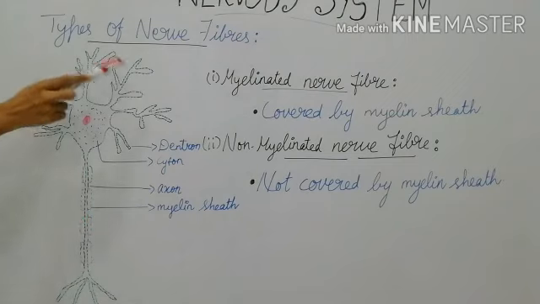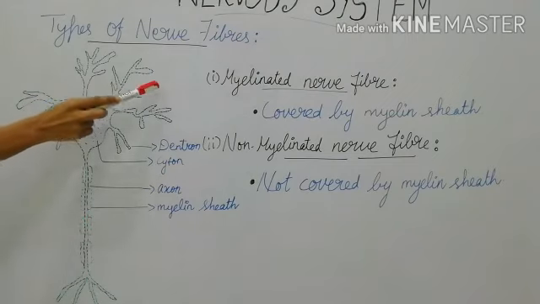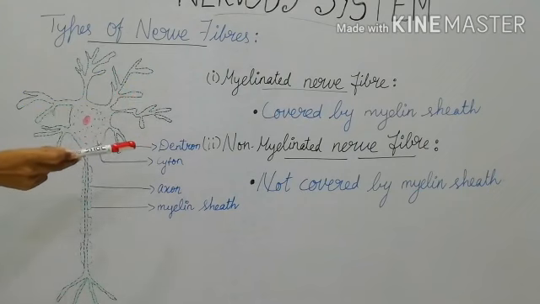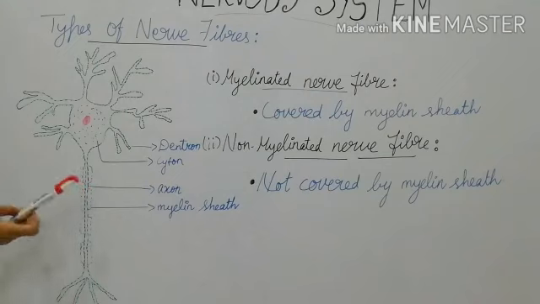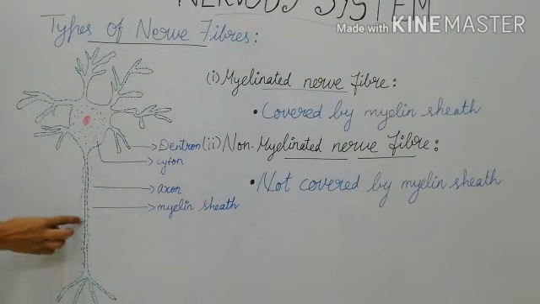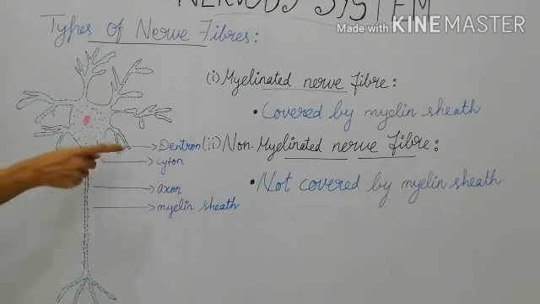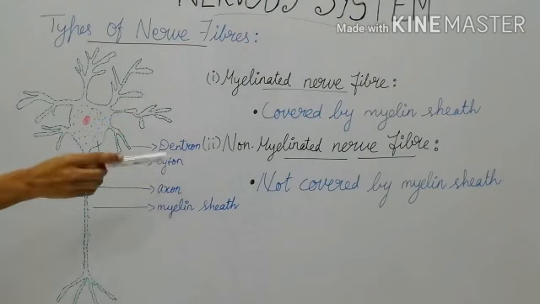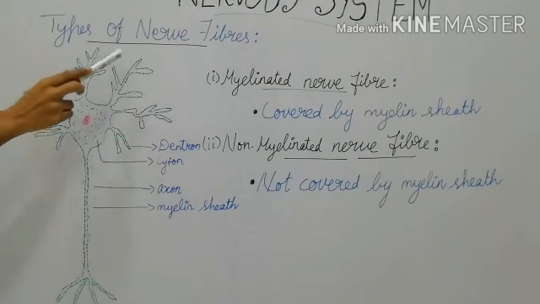There are two types of nerve fibers: myelinated and non-myelinated. If the axon is covered by the myelin sheath, it is called a myelinated nerve fiber. If the myelin sheath is absent, it is known as a non-myelinated nerve fiber. These are the types of nerve fiber.